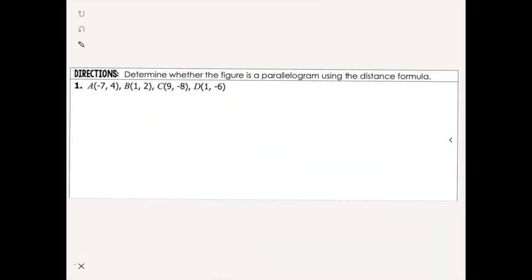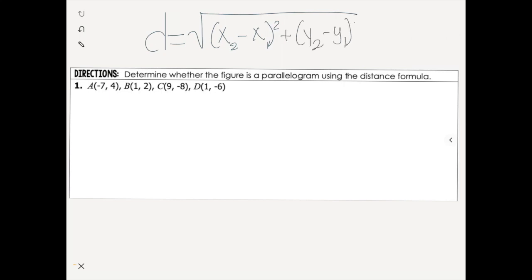Let's try number 1. It says to determine whether the figure is a parallelogram using the distance formula. If you don't remember the distance formula, it is d is equal to the square root of x sub 2 minus x sub 1 squared plus y sub 2 minus y sub 1 squared.